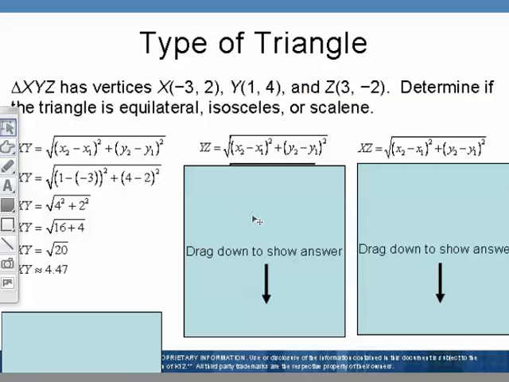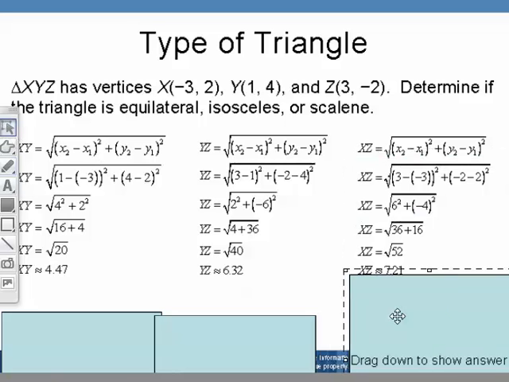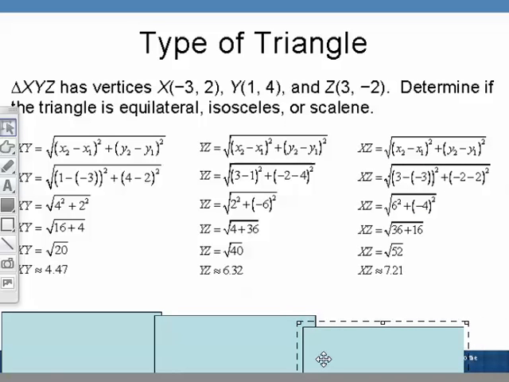And I'm going to put that into the equation for distance and solve it down, and I get 6.32. And finally, I'm going to take the distance from z to x, and I'm going to find that distance. Put those numbers in and solve it down, and what am I going to get? I get 7.21.